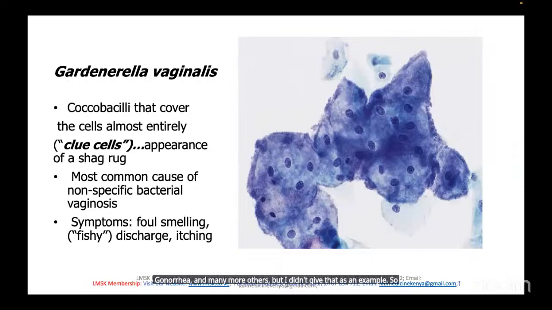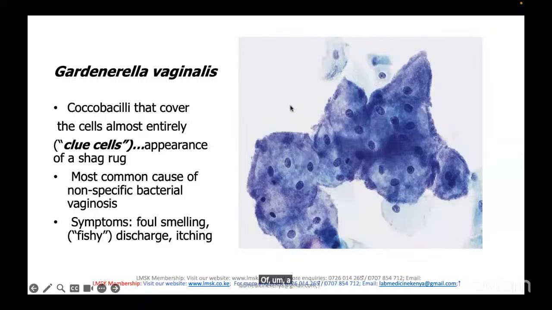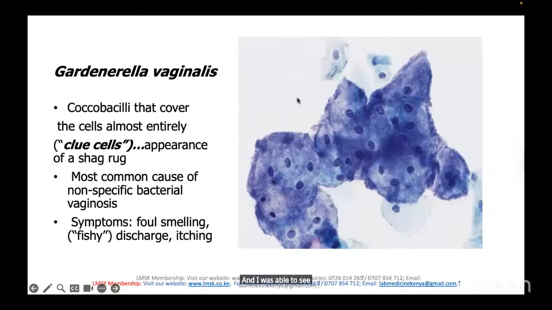So we look at one of the examples of a disease that is caused by Gardnerella vaginalis, that is bacterial vaginosis. I saw a presenter that I was following talking about clue cells. Yes, clue cells can be seen on Gram stain, and clue cells can also be seen in cytopathology.